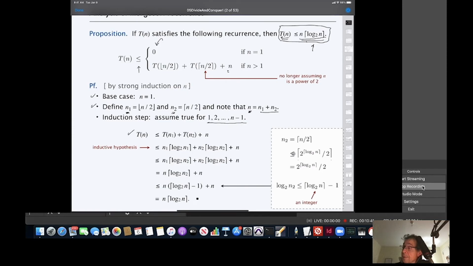So this symbol is justified, and then by the laws of the algebra of the ceilings, we can just eliminate the ceiling and write it as 2 to the ceiling of log base 2 of n, over 2.